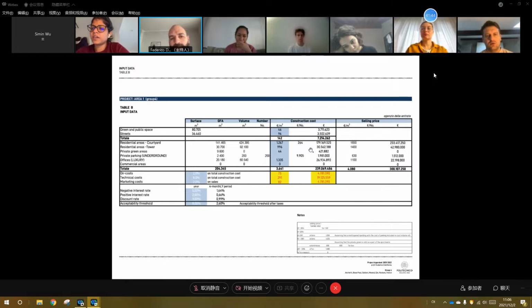And also for offices, you should increase the selling price because you have a luxury office. So you can consider increasing it a little bit. We also need to look at the Immobiliare website for the price of the office, or do a market analysis.